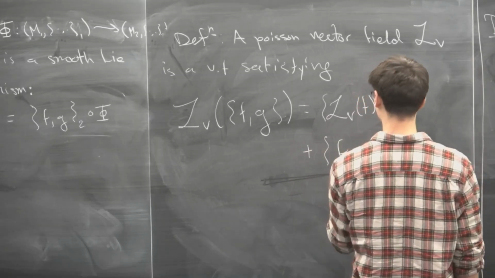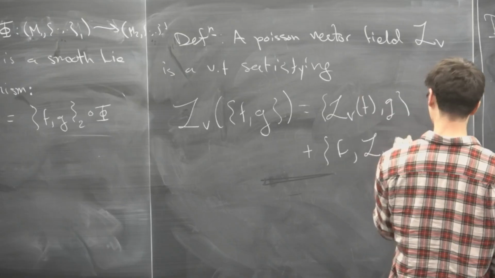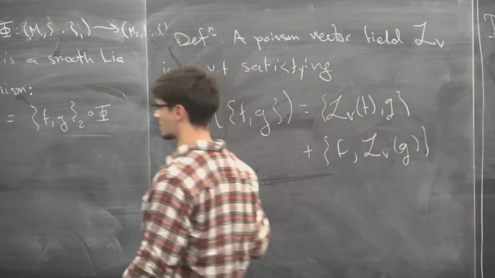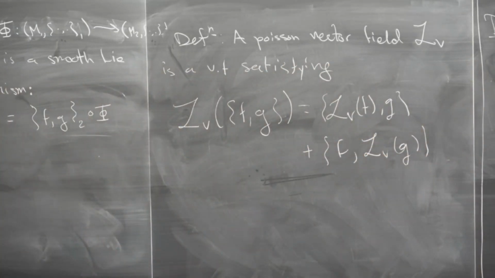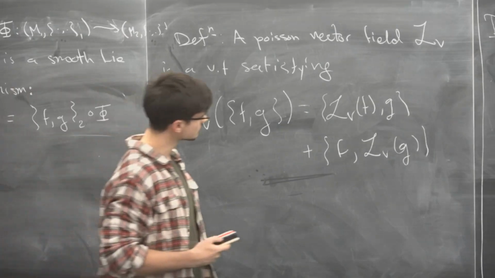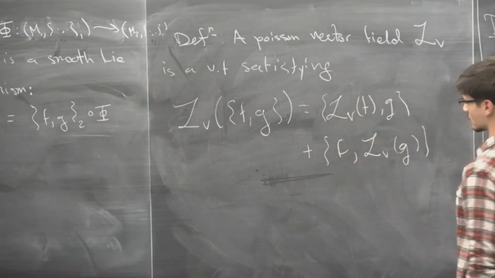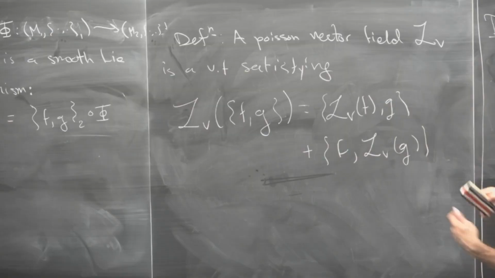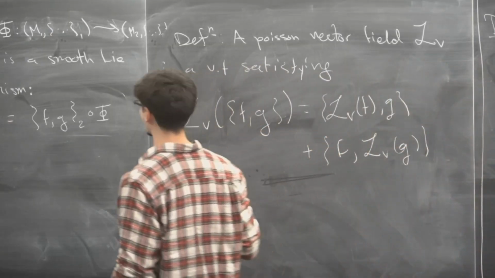It doesn't really pop up again, but because vector fields are product rules, we have a notion of a product rule with some vector fields.